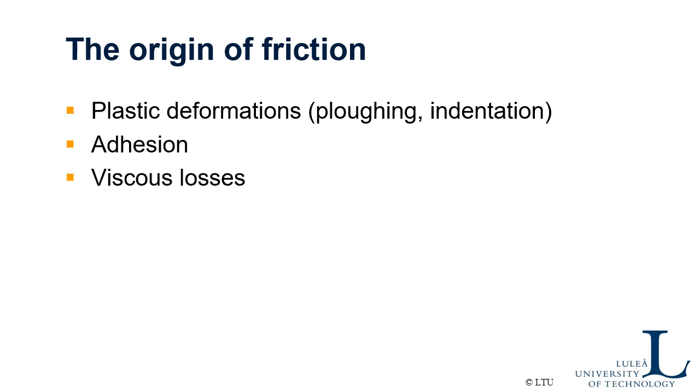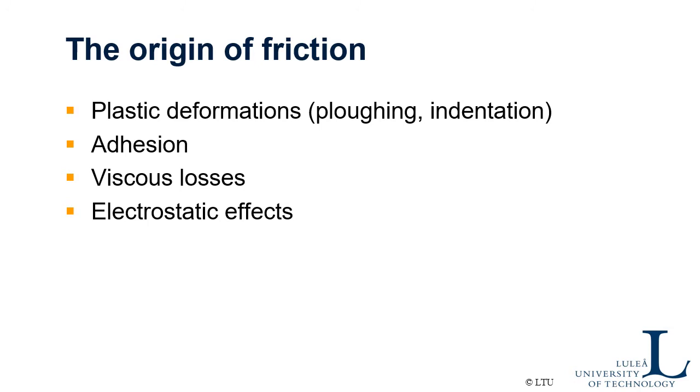In a lubricated system, even if you have a lubricant film here, a fluid film in between the surfaces, then you don't have any plowing, you don't have any adhesion really, not very much at least. But then you have some viscous shearing of the lubricant film, and that is, even if it's a low friction, a frictional loss anyway. I'll discuss that more in the chapters about lubricated friction.